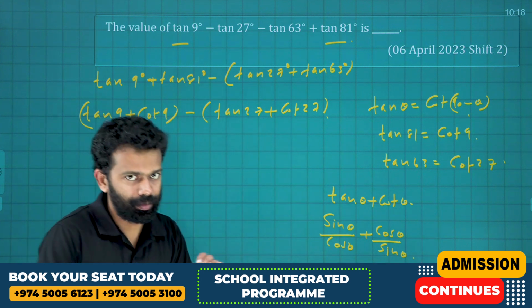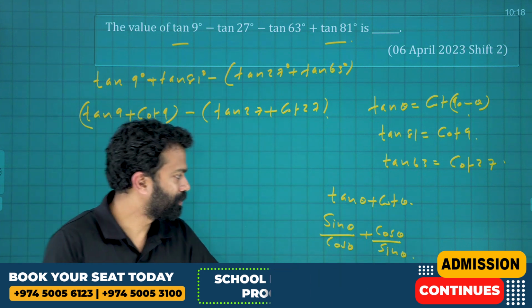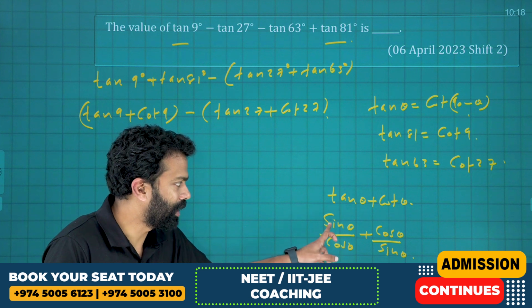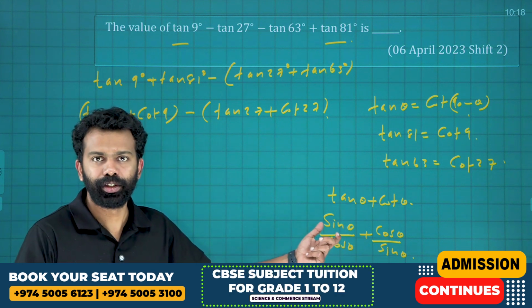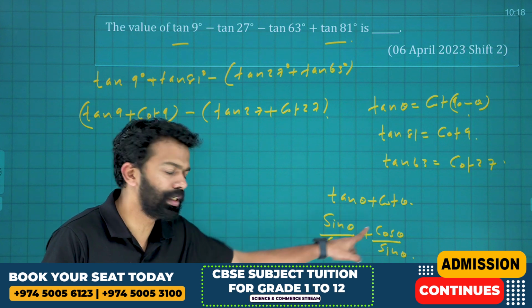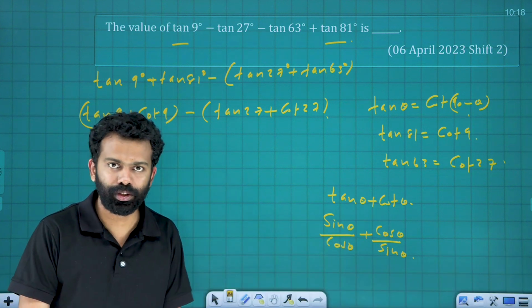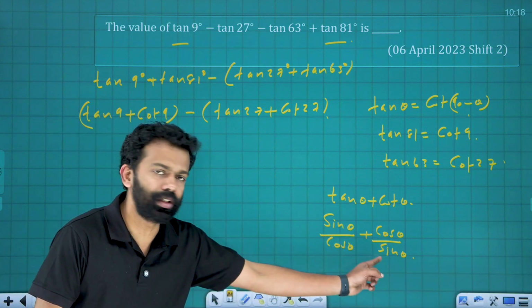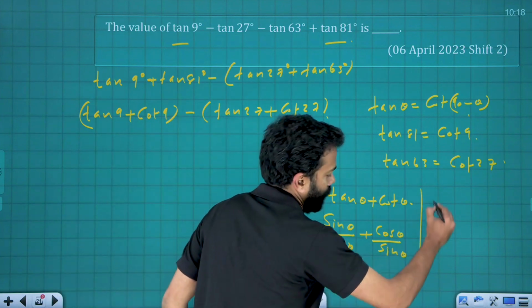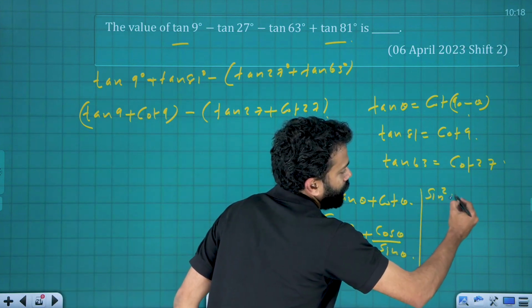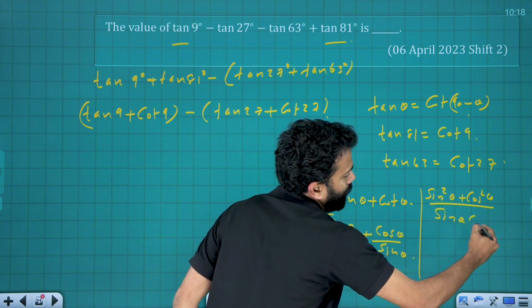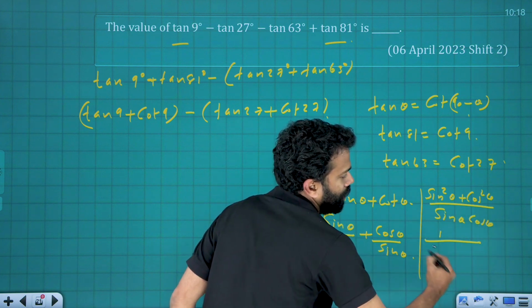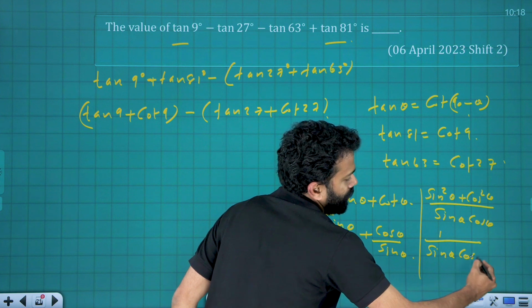I am skipping one step, just be very careful. Listen. If you cross multiply, it becomes sin theta into sin theta, that is sin square theta, plus cos theta into cos theta, that is cos square theta, divided by cos theta into sin theta. So, this becomes sin square theta plus cos square theta divided by sin theta cos theta, that is 1 by sin theta cos theta.